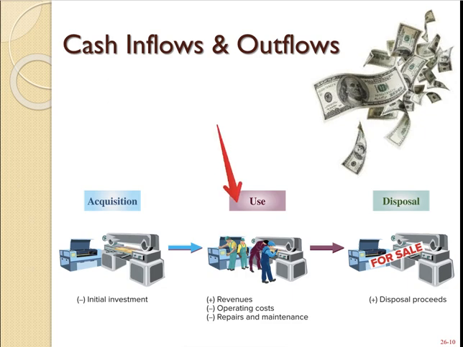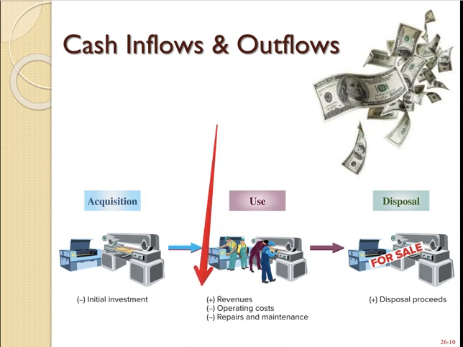Then when you use the equipment, there's inflows and outflows. So the inflows are the additional revenue that's going to be generated from this additional machinery. Like we're going to use this machinery to make product, like maybe a new product line or something like that. And we're going to sell that product. Well, that's going to be our revenue.